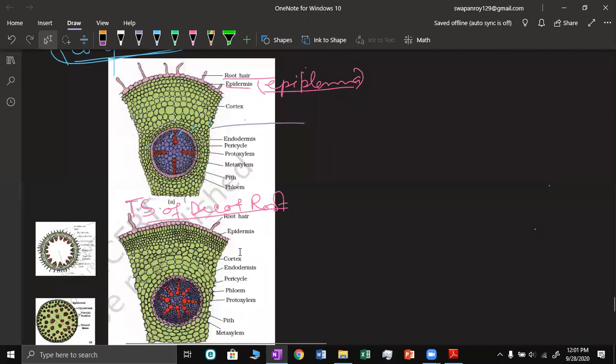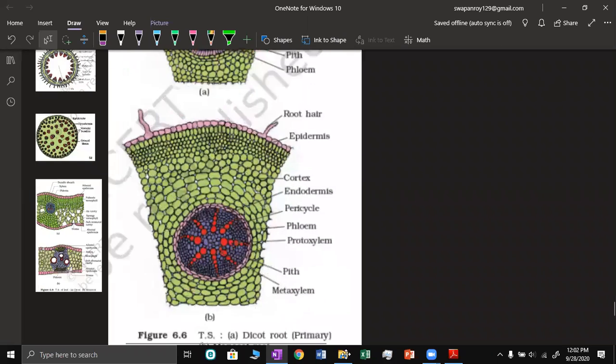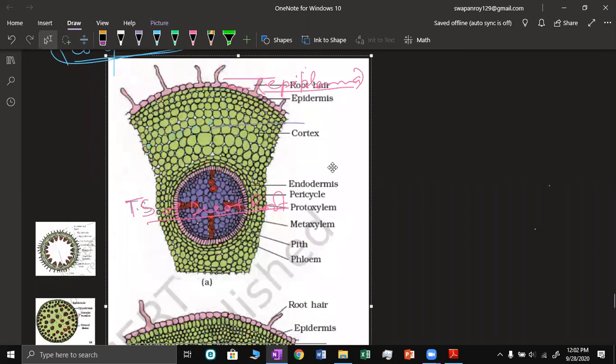I will increase the size of the diagram so that you can see it clearly. So here, this is the root hair, and this is present on the epidermis. Inner to the epidermis, there is a wide layer.